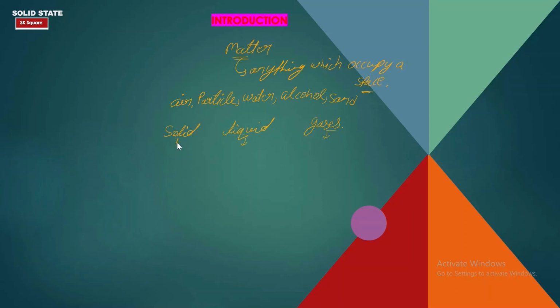If we talk on the basis of compressibility, solids are incompressible, it is not possible to compress them, except some solids. Liquids are also incompressible, but in comparison to solids they are compressible. But gas is highly compressible, like when we press a balloon, which is filled with gas.